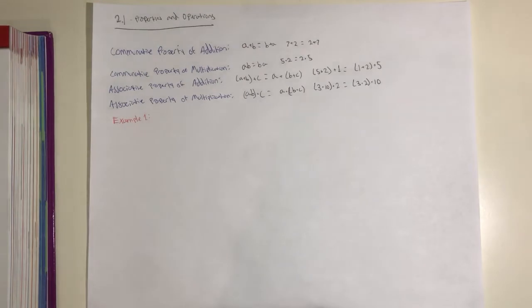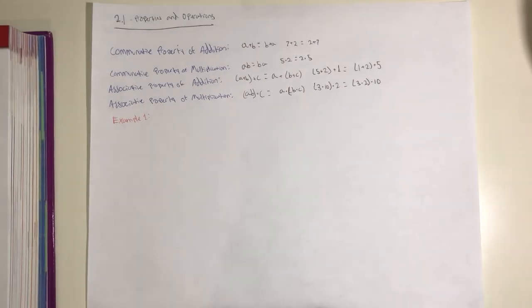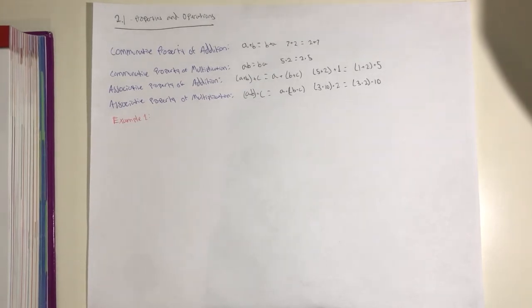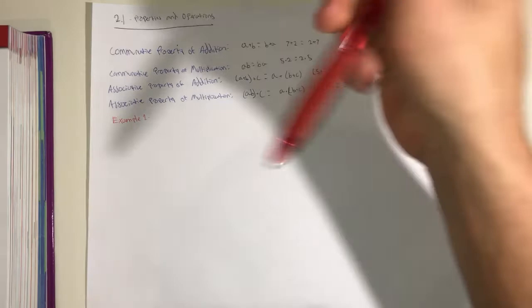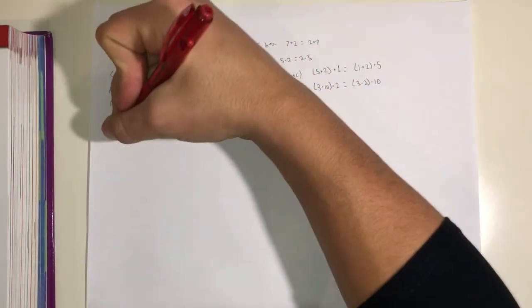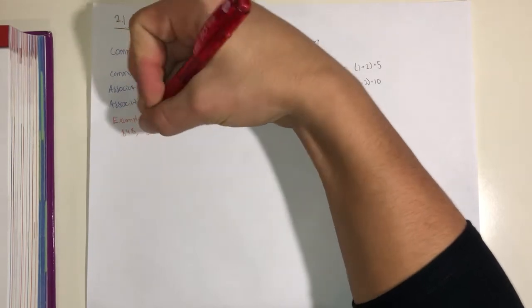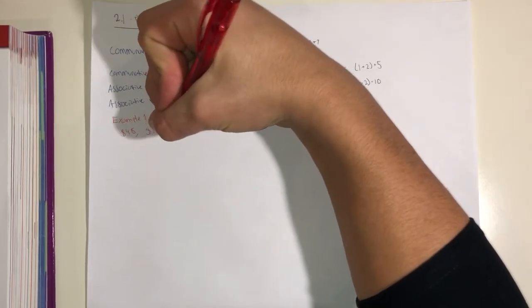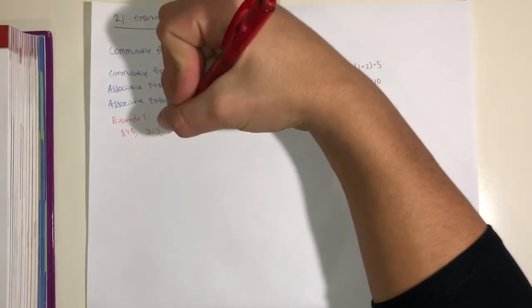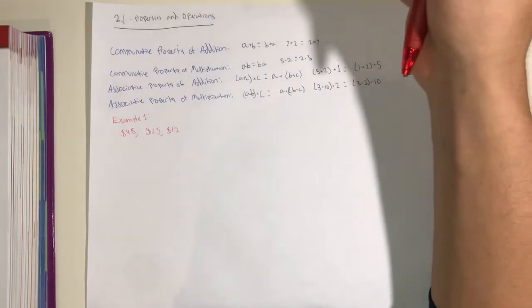Example 1 says you buy a portable CD player for $48, rechargeable batteries with a charger for $25, and the CD case for $12. Find the total cost. So you have $48, $25, and $12, and you're finding the total cost.